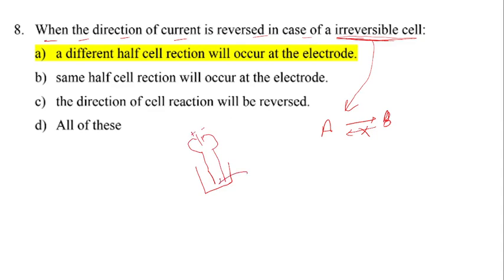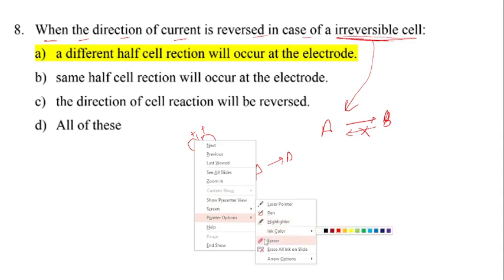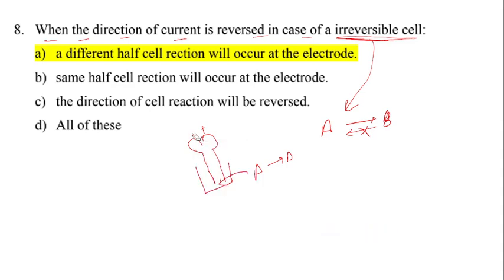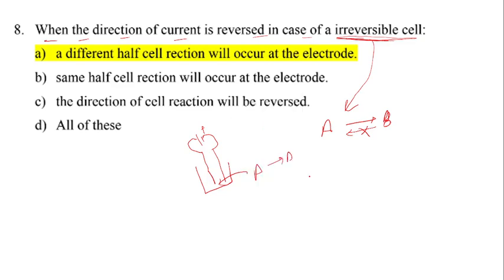Here A is converting into B. But now you are changing the terminal, so this is now plus and this is negative. So now you change the terminal. Now it will be B because it is positive and it is negative.